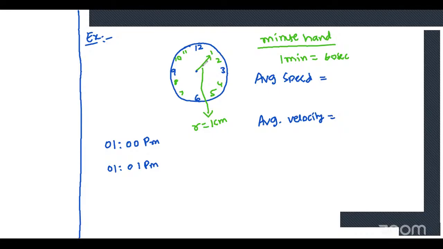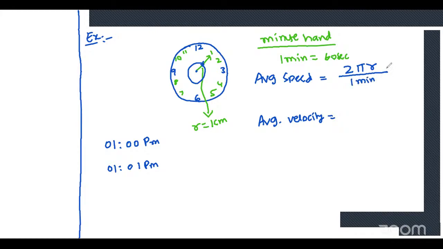Whenever it completes one rotation, the total distance is 2 pi r, by time. Time means 1 minute.